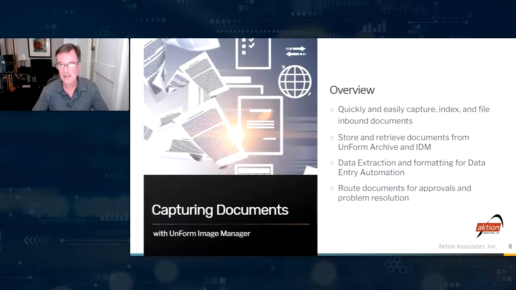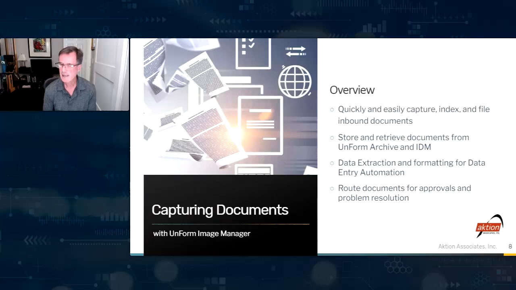Some of the typical examples would be accounts payable invoices, vendor order acknowledgements, customer purchase orders, those kinds of documents, and really any other kind of document as well. We can extract the data, format it based on the target ERP, and push it over into that ERP so you don't have to key that information.